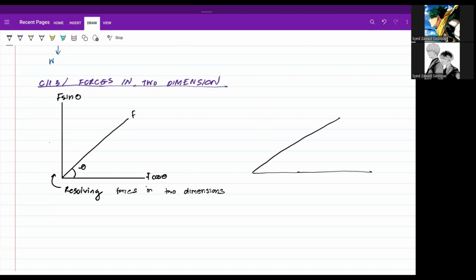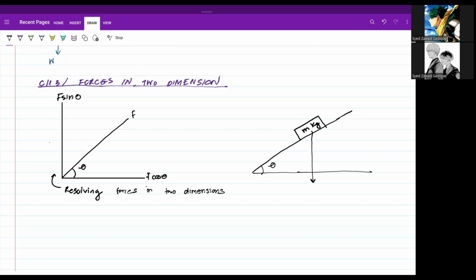This is a slope, inclined at an angle theta, and there is a mass of m kg. The question will say that the mass is either going up, down, or stationary, depending. But if you can resolve all of the forces acting on this mass, you can solve any question.